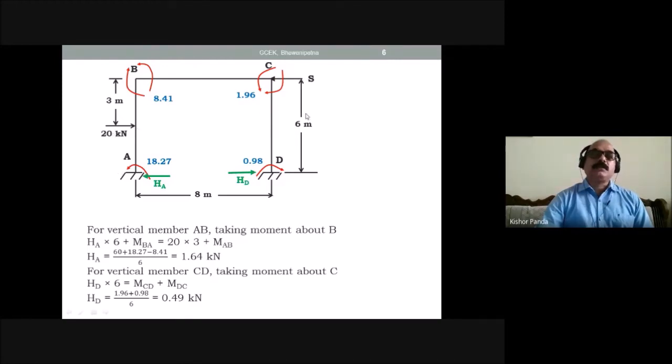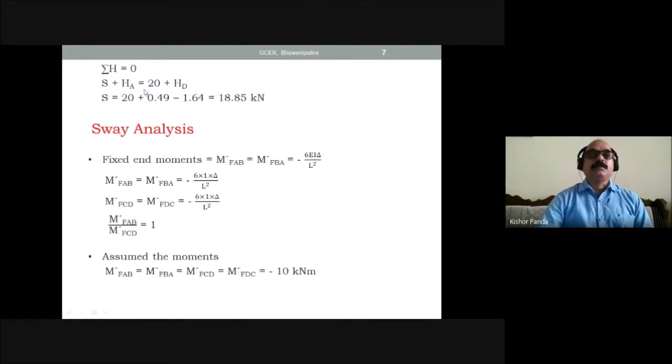So this direction force is equal to this direction force. HA plus S is equal to 20 plus HD. So from this relation, you can find S equal to 18.85 kilonewton.